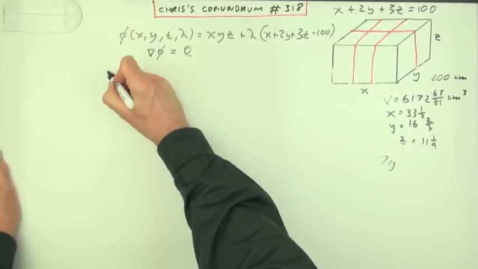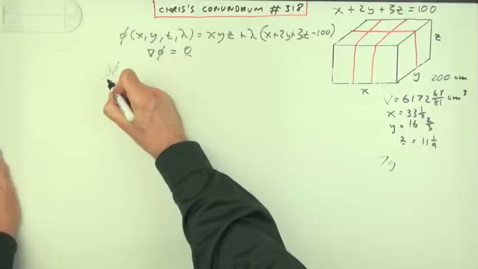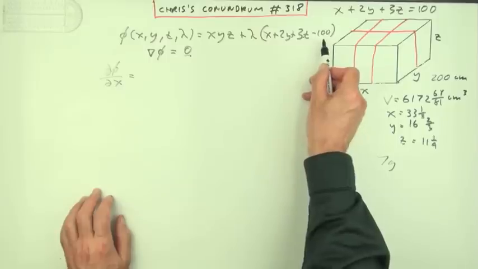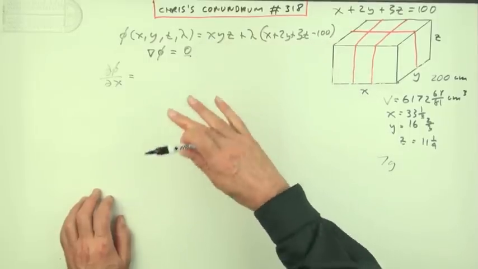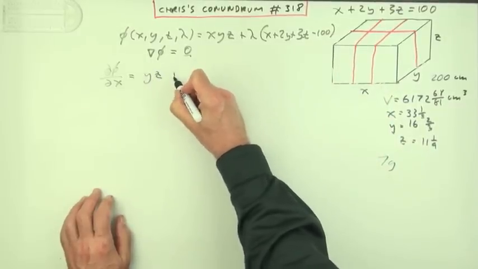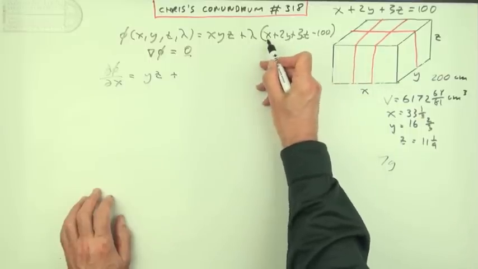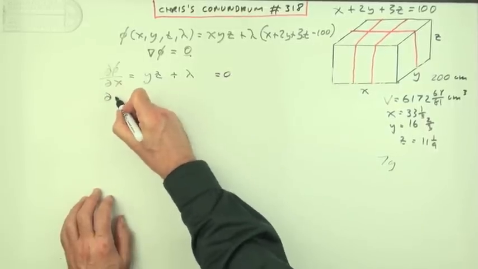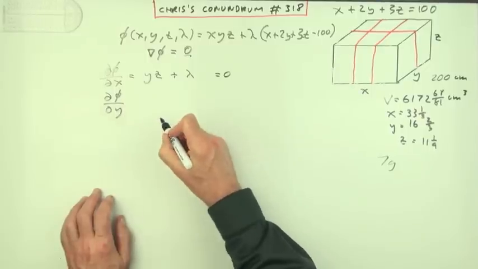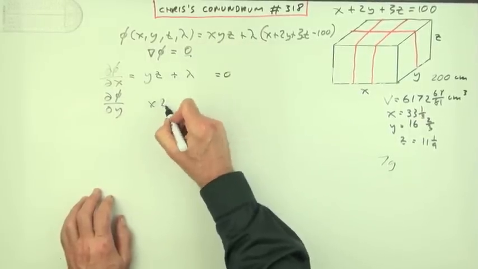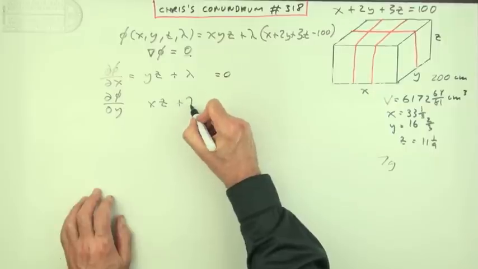So that means the partial derivative with respect to x should come to 0. Differentiating with respect to x means take everything else as a constant, would be yz plus, now that whole lot just comes to 1, so plus lambda. That should equal 0. The partial derivative with respect to y would be xz, but plus 2 lambda.